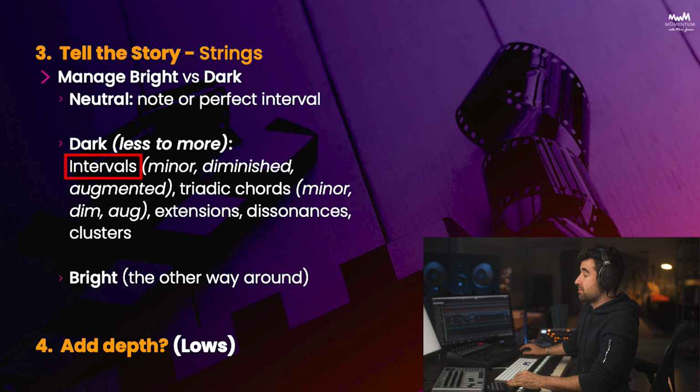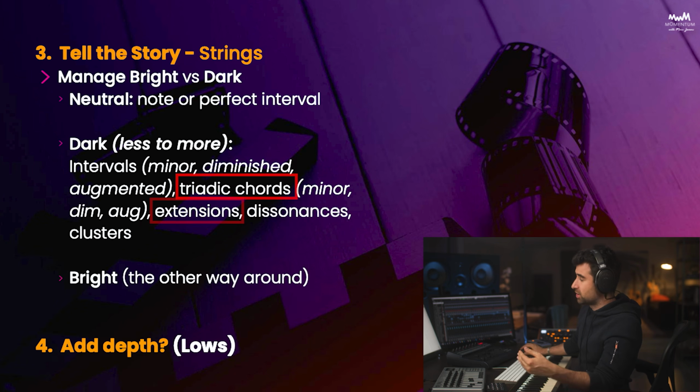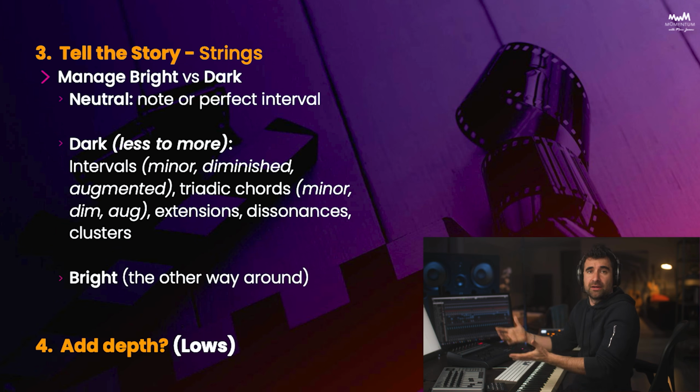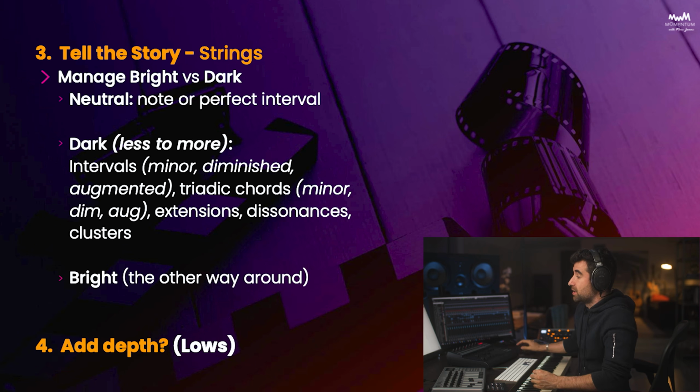But if the interval is minor, it's a little bit darker, then diminished, augmented, darker and darker. Then with triadic chords, a minor chord is a little bit darker, then diminished, augmented, and then darker and darker, adding extensions, dissonances, clusters. So you see how this goes, and you'll see me doing this as an example. And when it comes to brighter, it's just the other way around.